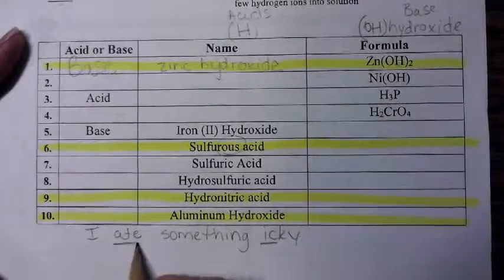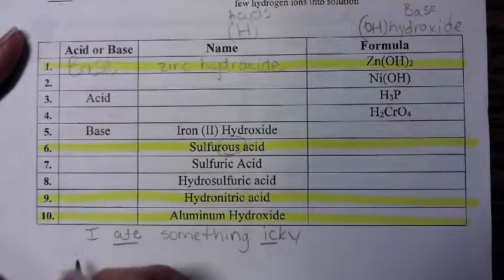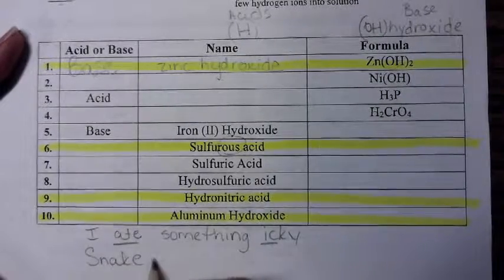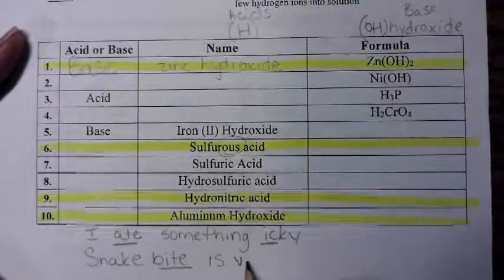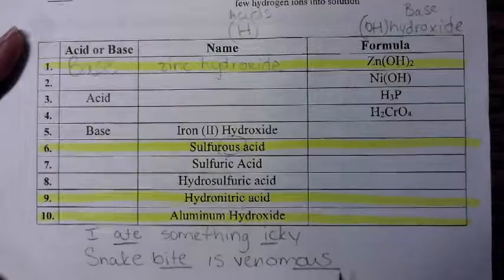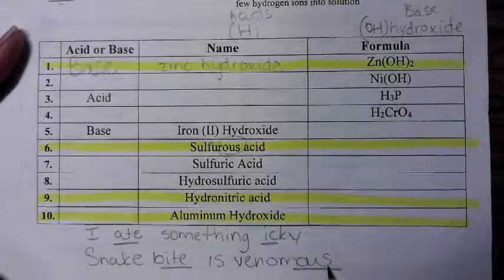So polyatomic ions that ended in ATE get changed to ic. I also taught them that a snake bite is venomous. If it ends in ITE, the ending gets changed to OUS.